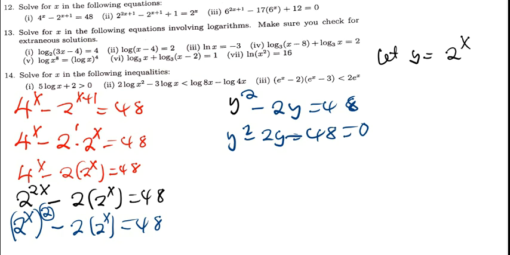So let's have the product to be negative 48, the sum to be negative 2. What will be the factors? Now we start thinking. The numbers which, when I multiply, will give me negative 48, and when I add, will give me negative 2.